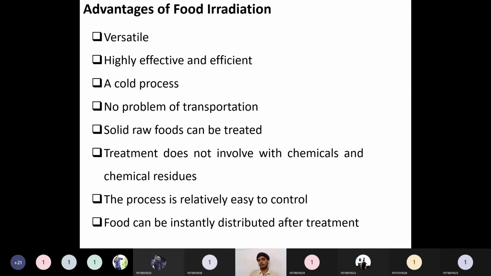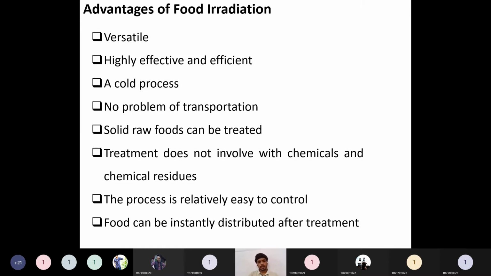Then highly effective and efficient. Compared to other processes, this is highly efficient. Then a cold process, so not heating at all. Because of this, there is the advantage of no texture change of the original food. Then no problem of transportation. There is no problem in packing and everything.